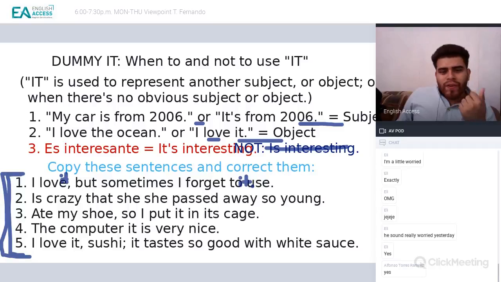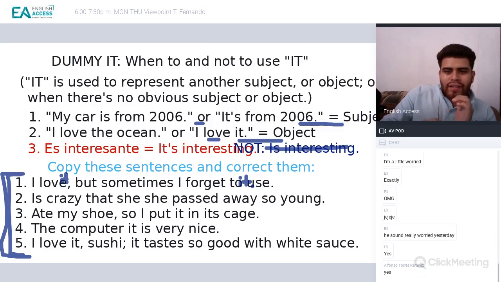So the verbs love and use are transitive. Transitive means that they always need an object. Okay? Because something always receives the love and something always receives the use. You use something. All right, so I love it, but sometimes I forget to use it.